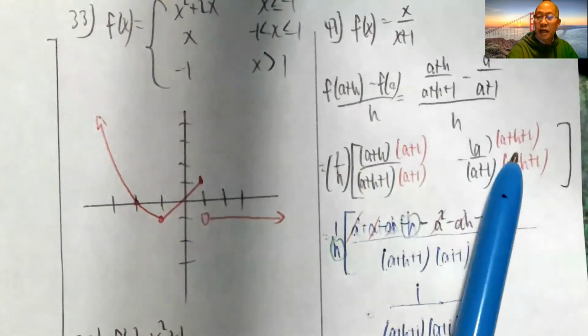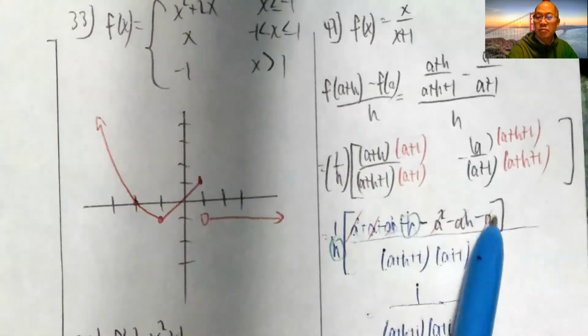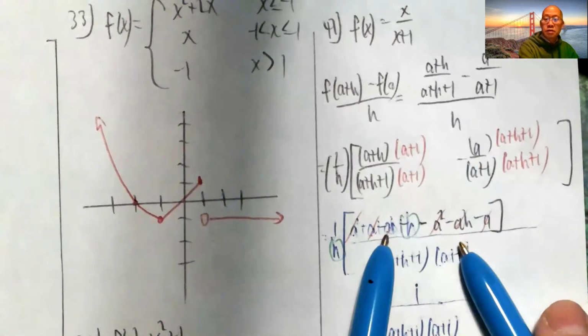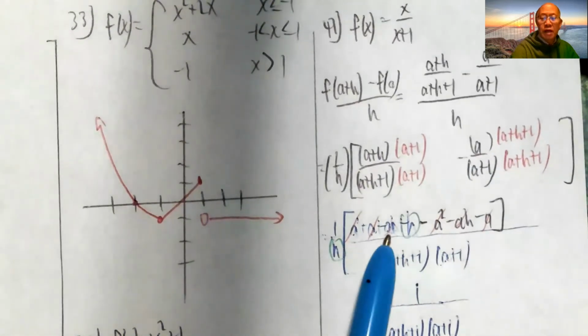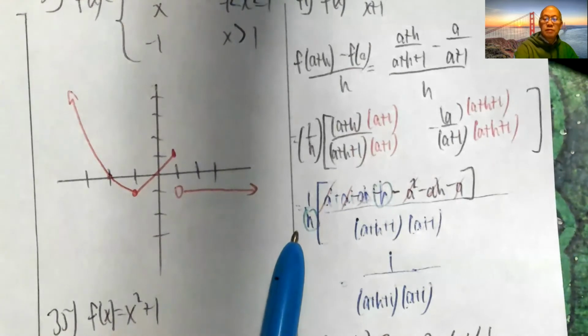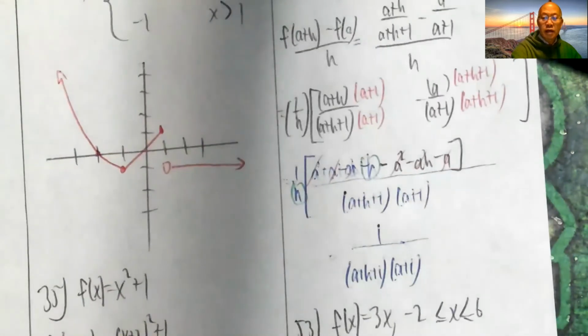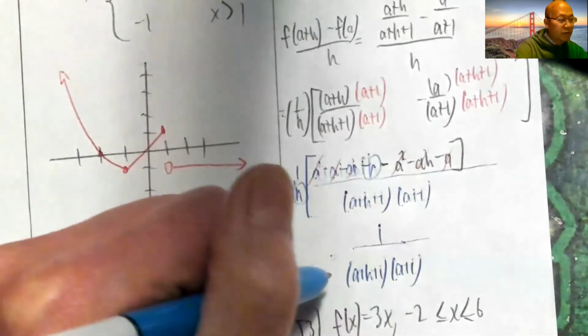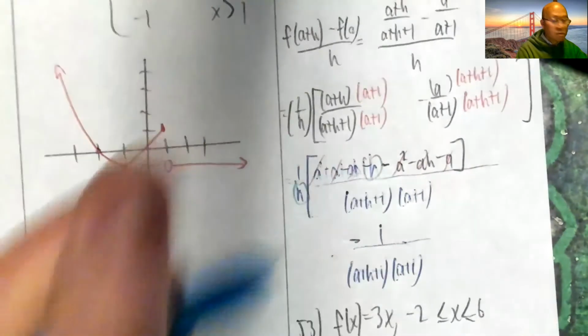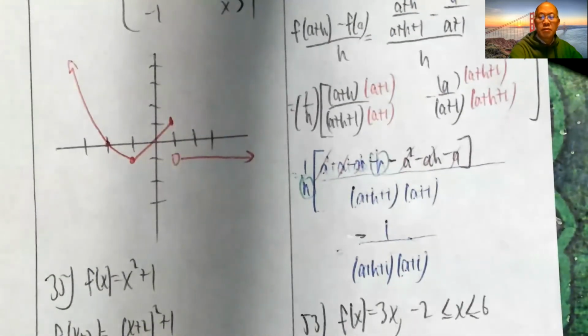All of these are going to be minus a squared minus ah minus a. Cancel, cancel, cancel. I'm left with negative h, and that negative h will cancel that h. Okay, so the answer is negative 1. Should be a negative here, sorry. Negative 1 over a plus h plus 1, a plus 1.